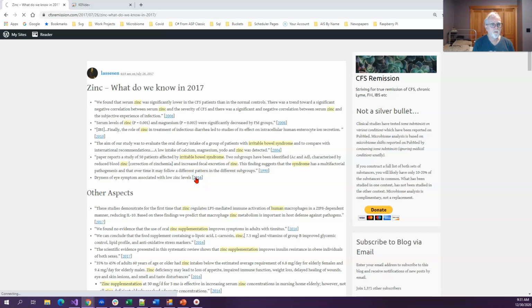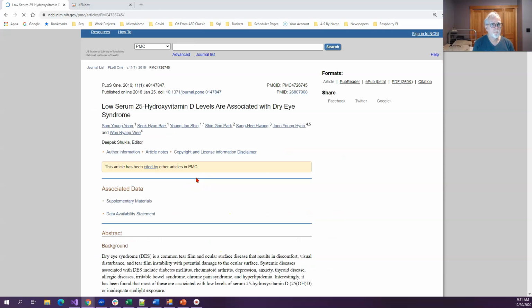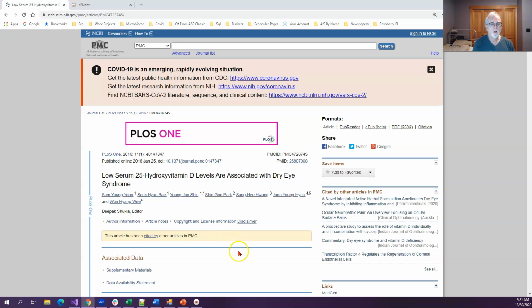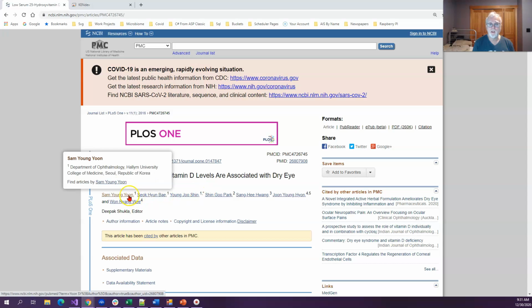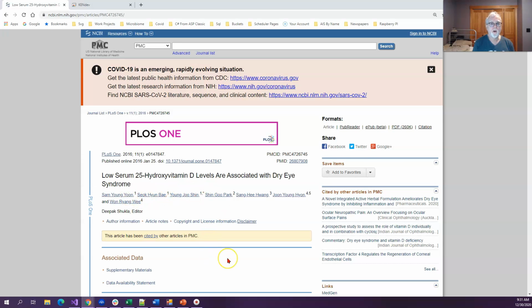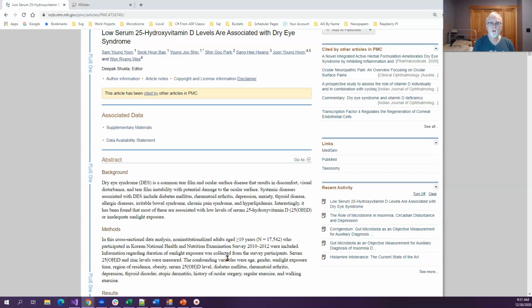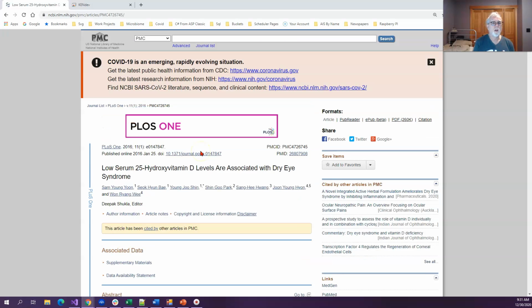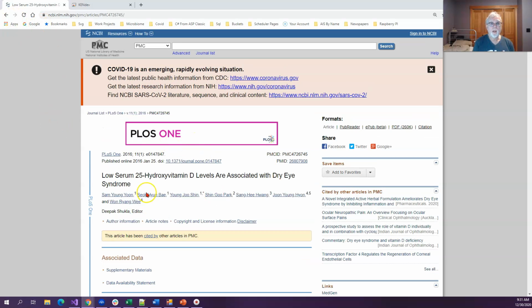If you click there, we find, and the study actually doesn't explicitly talk about zinc, but if you read into the article, you will find that they noticed in passing that low zinc level was associated with dry eye and other things associated with dry eye.